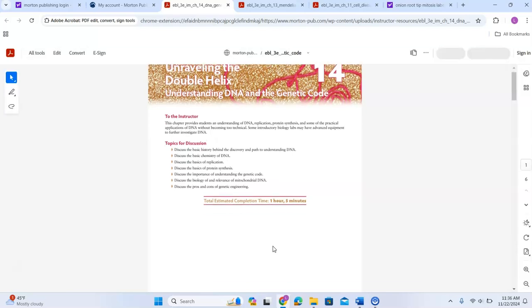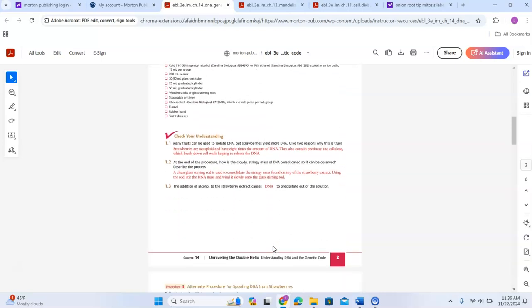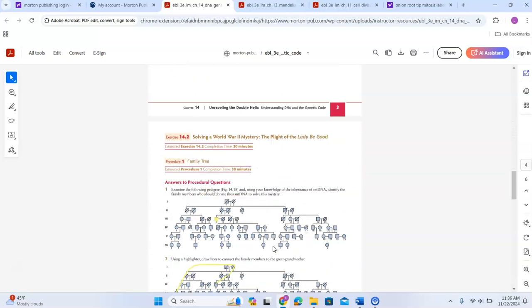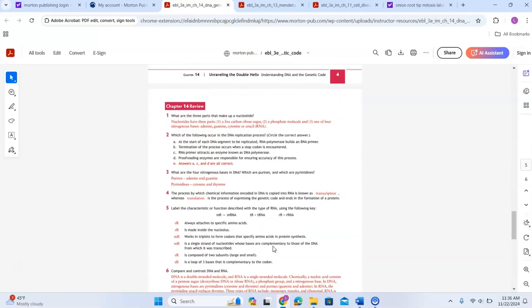What we did in this lab was we isolated DNA from fruit or pumpkin. Let me find that question. Here we go.